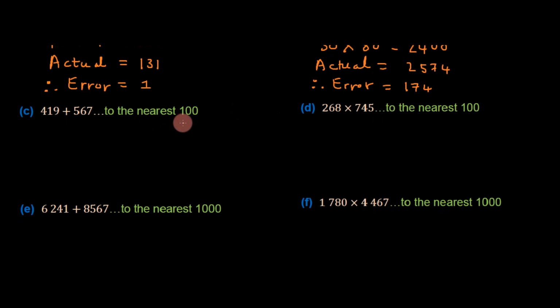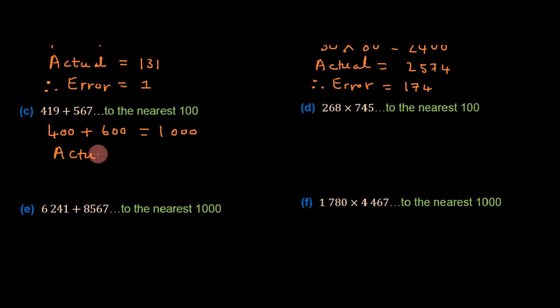Here we have to round to the nearest 100. So 419 is closer to 400 than it is to 500. 567 we can round up to 600. 400 plus 600, of course, is 1,000.